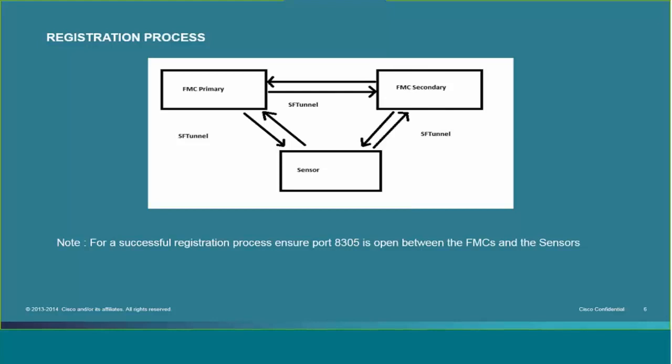So now there needs to be port 8305 open on all ends, so that the communication channel can be set up accurately. To tell you a little bit more about SF tunnel, this is nothing but a secure tunnel which is established through which all file transfer, configuration transfer, event transfer, these all are passed through the SF tunnel. So this is something that is very important for setting up the HA.